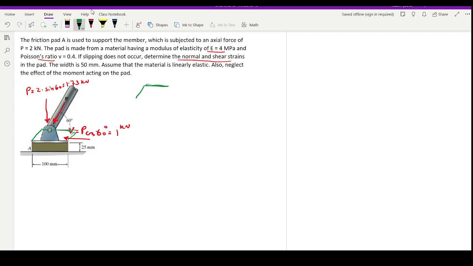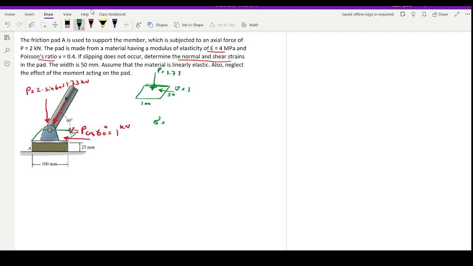It has a 100 millimeter length and around 50 millimeter. So this is 50, this is 100, and these forces are acting on this surface. This is our V, and this is our P, which is 1.73. The procedure is pretty straightforward and identical.